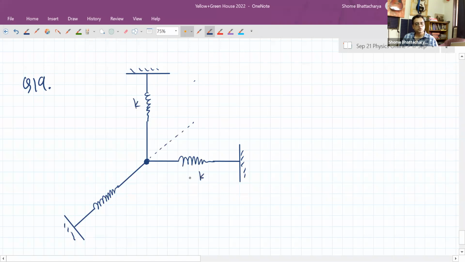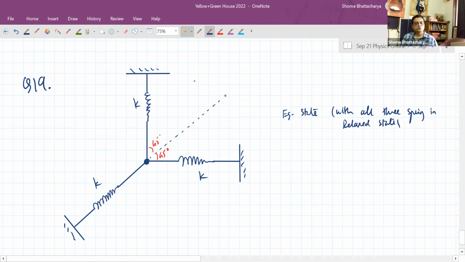They are also equal. So these two angles are 45 degrees each. And now what we have to show is that this is the equilibrium state with all three springs in relaxed state.